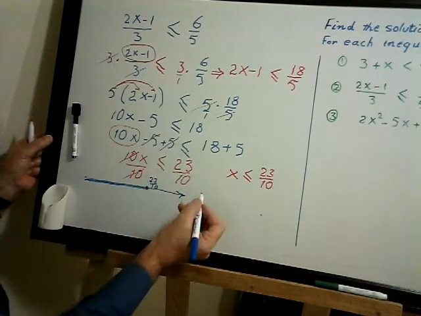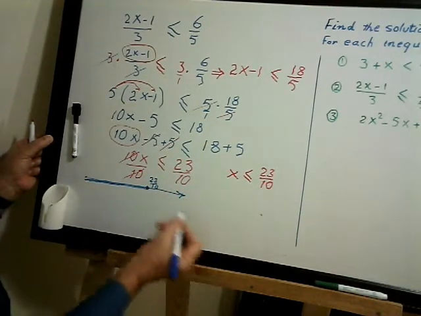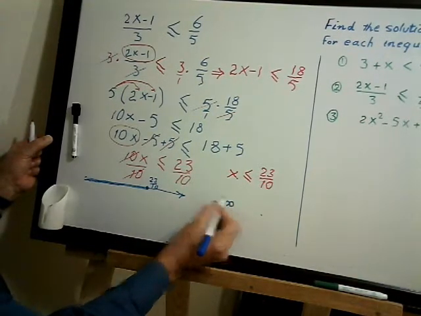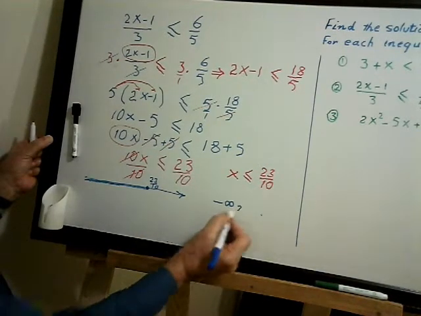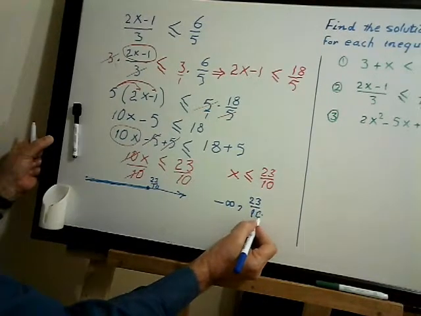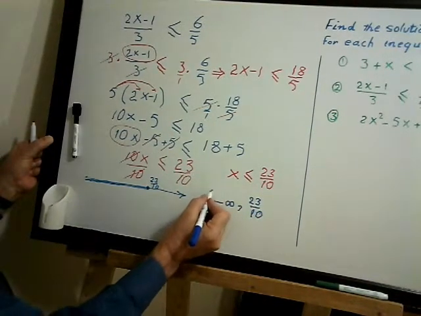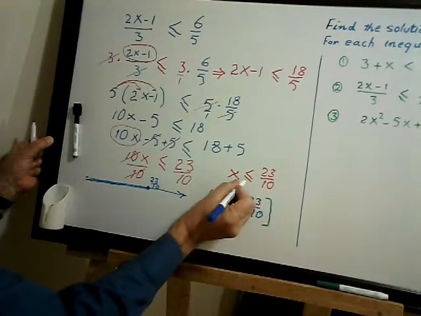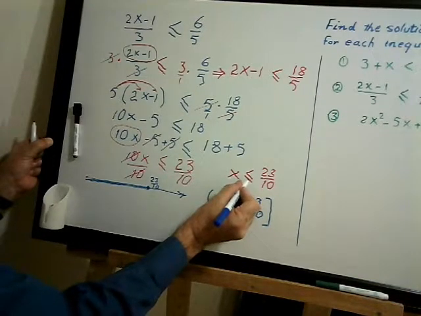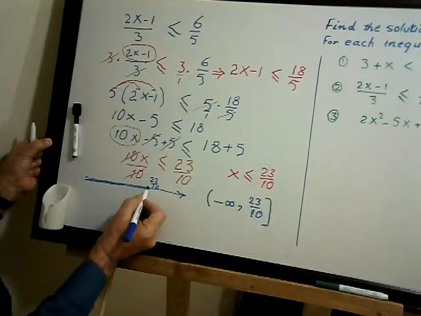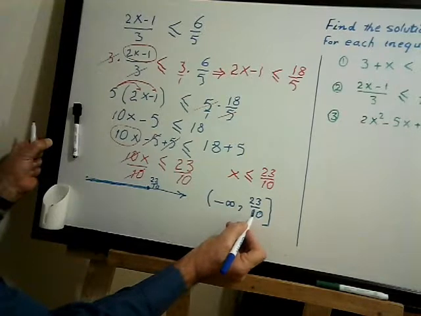If we want to write it in terms of interval, it will be negative infinity to 23 over 10. It's open here and closed here because there is the equal sign under the sign of less. Also here represented by a closed circle. So this is the solution for the second inequality.